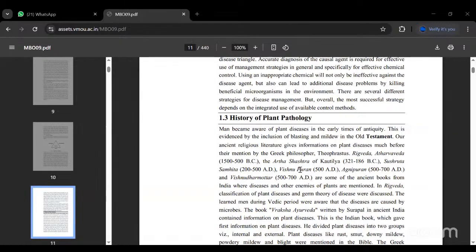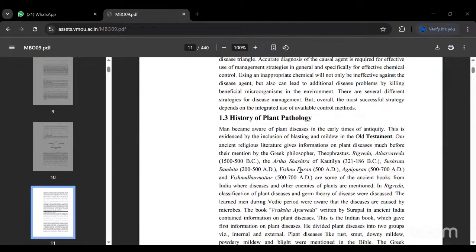In the Rig Veda, classification of plant disease and the germ theory of disease were discussed. The learned men during the Vedic period held that diseases are caused by microbes.